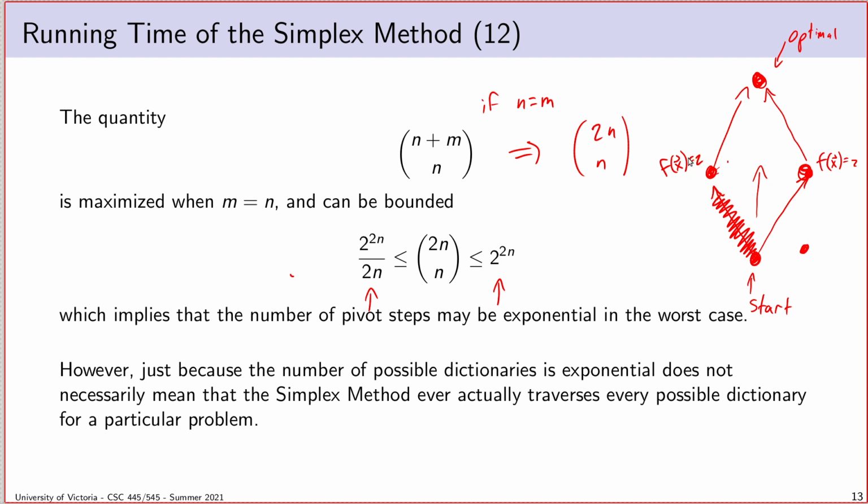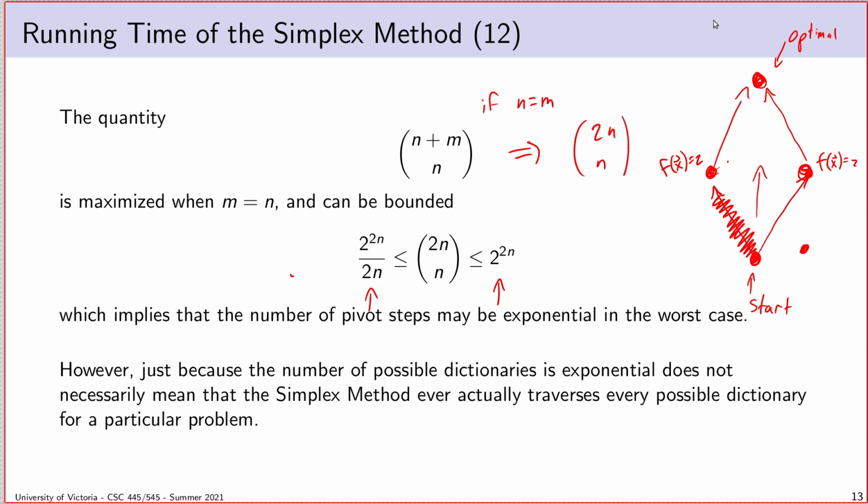And so it's reasonable to assume that although there are a certain number of dictionaries that could exist, structurally, it's pretty unlikely that the simplex method will visit a large number of them, because there are some that are completely infeasible, some that might be down here or up here that are infeasible because they don't meet all the constraints, and in the path that the simplex method takes, as it goes through the different vertices of the polytope, at each step, a large number of dictionaries are ruled out because their objective value is too small.